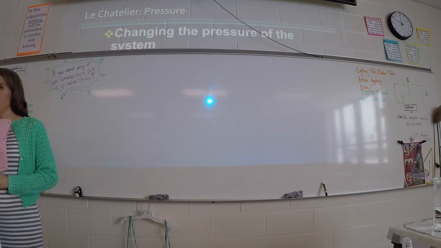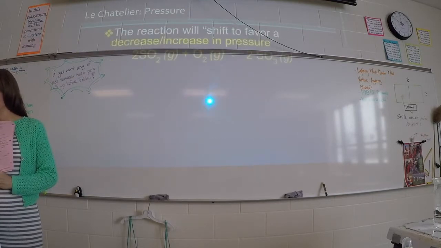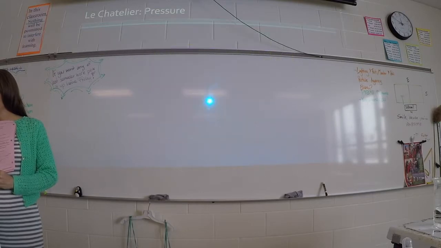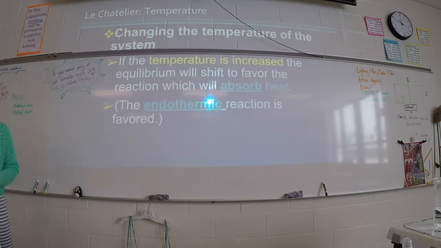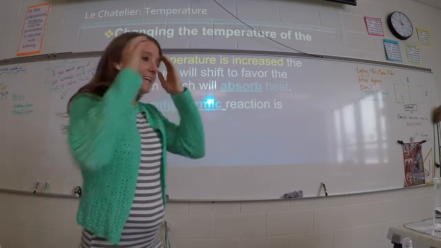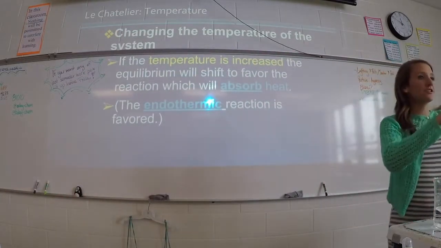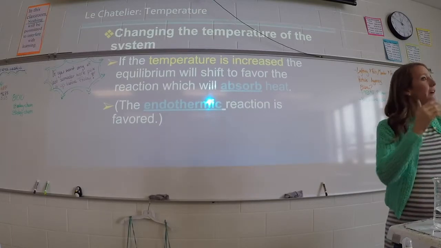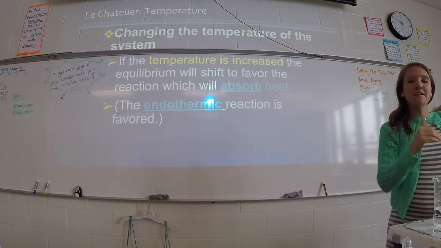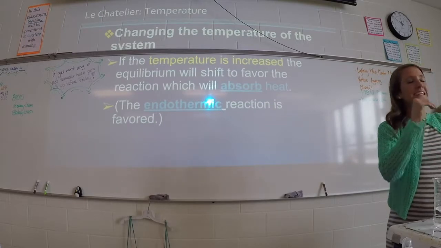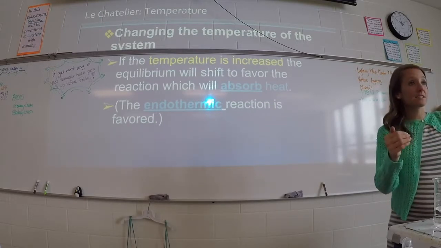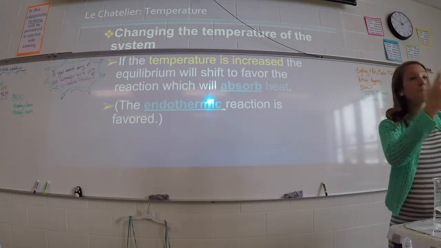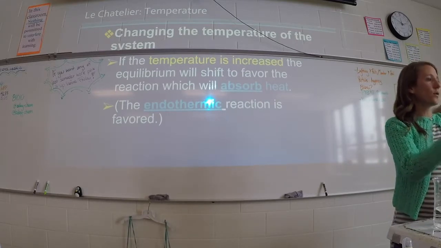All right, so skip all the pressure section and go to temperature. The trick with temperature, everyone, is if concentration changes make sense to you, and you feel good about what we did so far, then the best way to think about temperature is we're going to treat heat as a product or as a reactant, and that's going to be dependent upon if it's exo or endothermic.